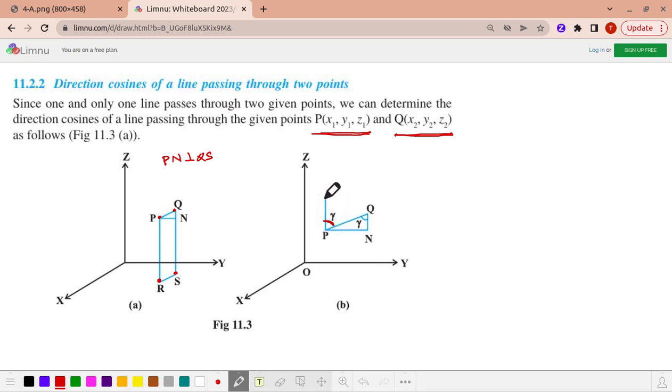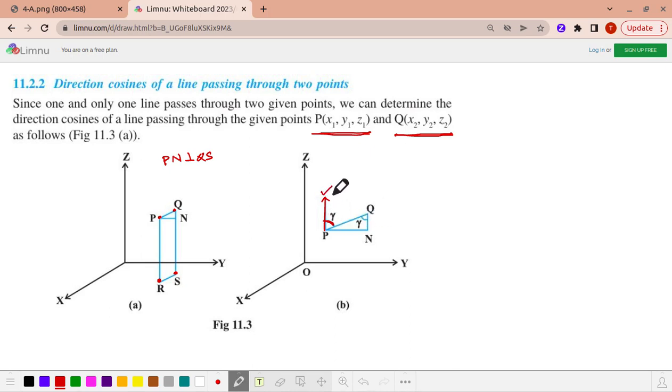Because this line from point P is parallel to the z axis. If the directed line PQ makes an angle gamma with the z axis, then the same gamma applies between PQ and this line which is parallel to the z axis.